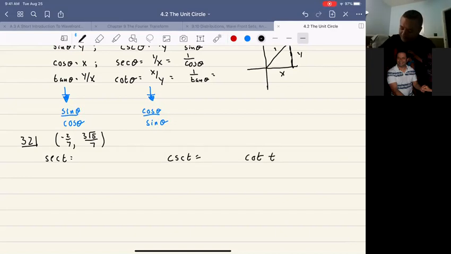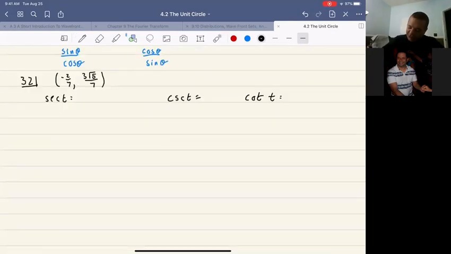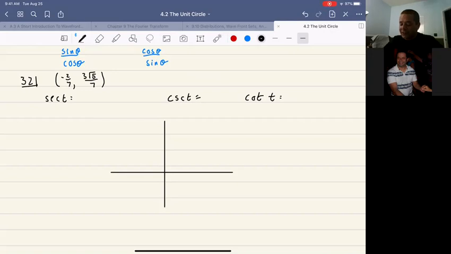So, draw the picture. This is going to be in the second quadrant. Say it's about here, looks to be.